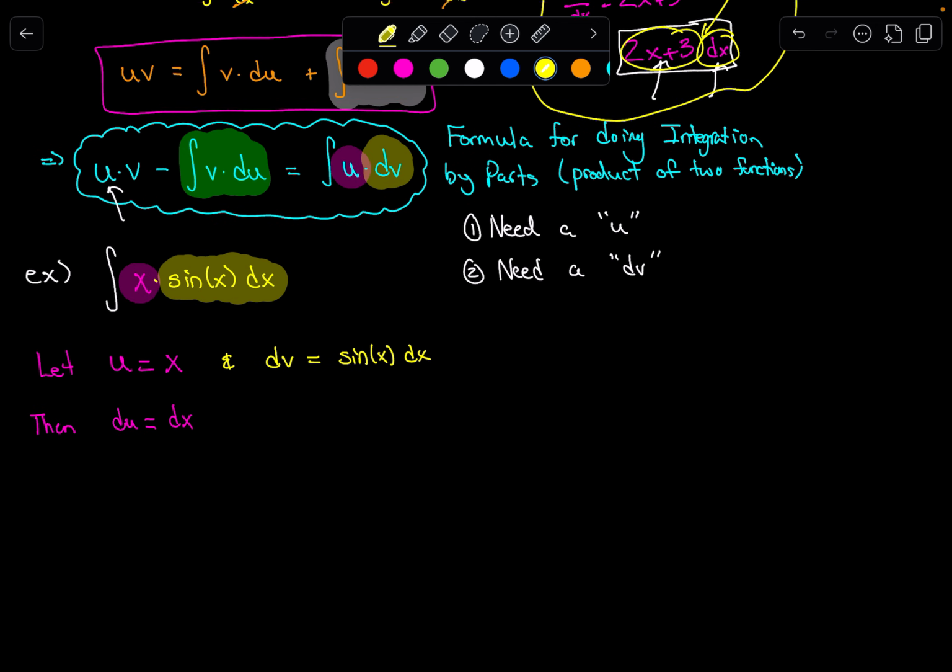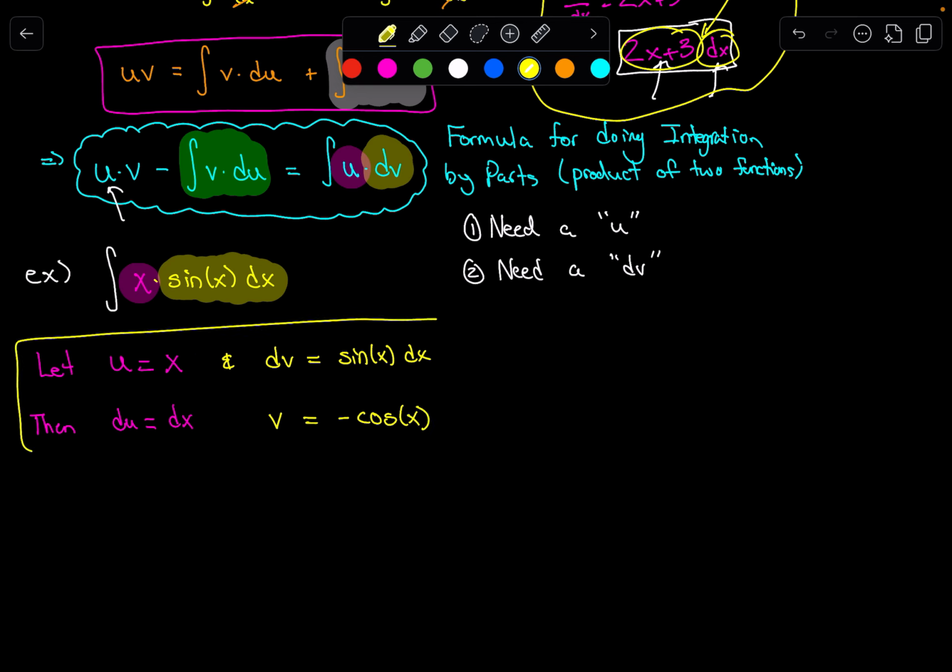And if I have this, then in theory I can get what v is equal to, because all I have to do is take the integral of both sides. The integral of dv is going to get me v, and all I have to do now is answer the very simple question, what is the integral of sine of x? The integral of sine of x, or the antiderivative of sine of x, is going to be negative cosine of x. At this point, maybe I'll put a box around all of this stuff.